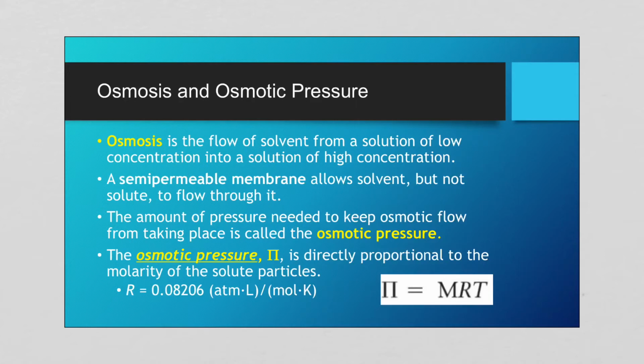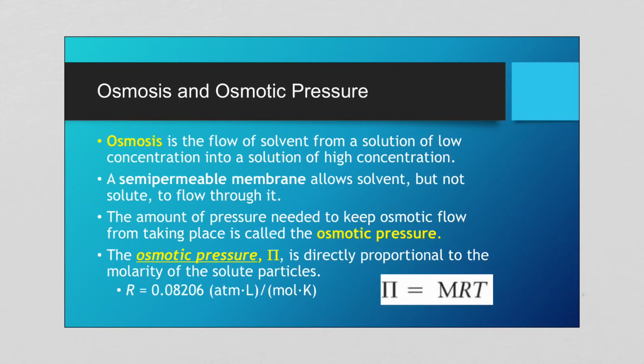And this flow is occurring through some semi-permeable membrane. So this could be a cell wall or some sort of cellular tissue in the body, or in a lab, we can have some sort of artificial semi-permeable membrane that allows the solvent, likely water, but not the solute, to flow through it.